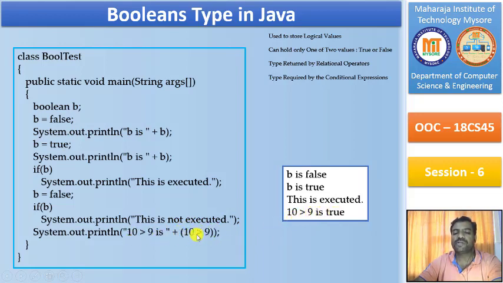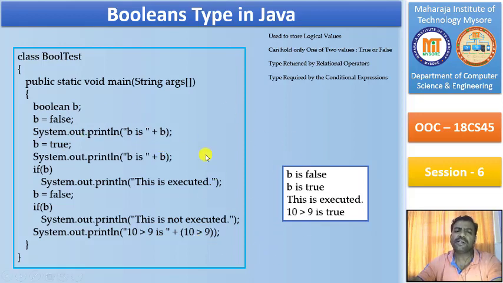Now remember, this bracket is necessary. If I don't use the bracket, what happens? Yes, the first priority will go to the plus, the second priority will go to greater than. Hence I'll be getting "10 is greater than 9 is 10", and later I'm going to get a syntax error, because comparing a string greater than 9 doesn't have any meaning.